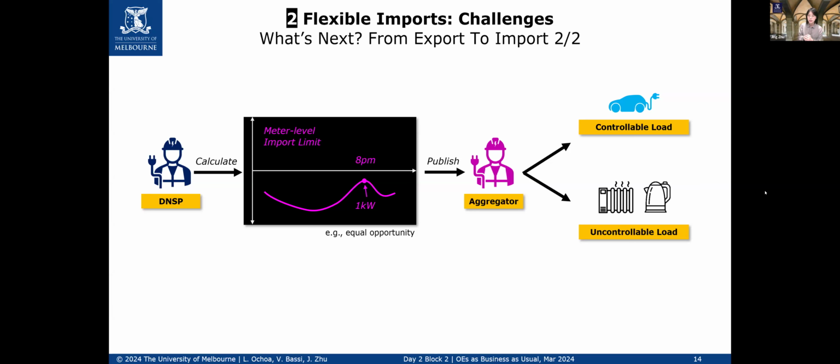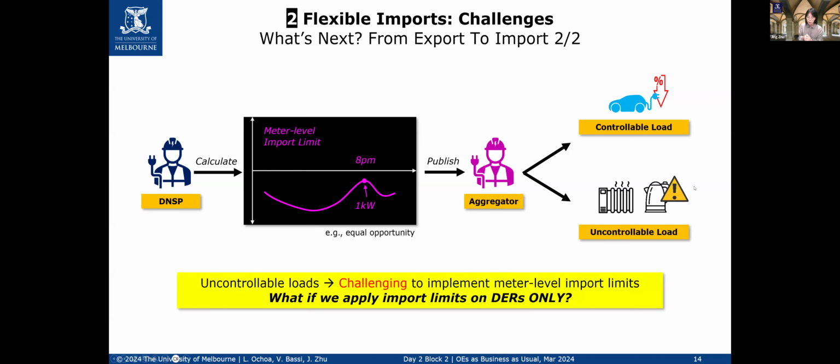Click, please. This is also the scenario mentioned by Alex. Apart from those controllable loads, we usually don't have a strategy to manage those uncontrollable loads, and what the DNSP can do is maybe just accept those unmanageable loads exceeding the import limits.